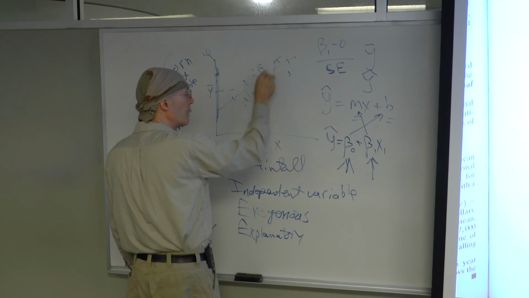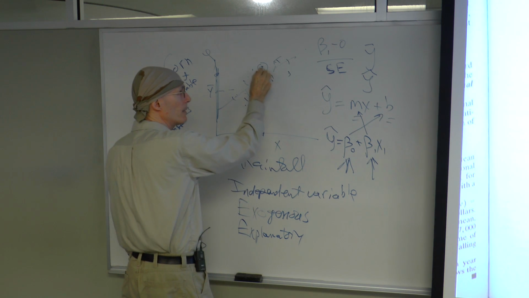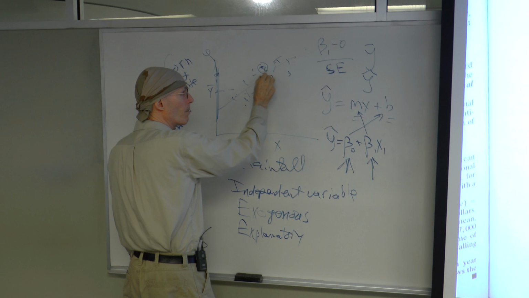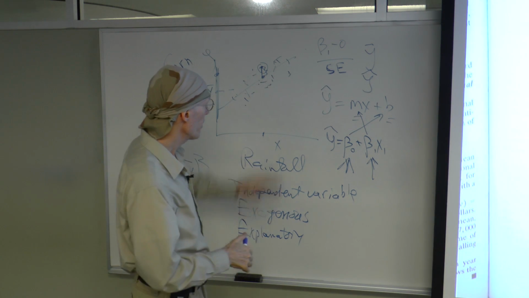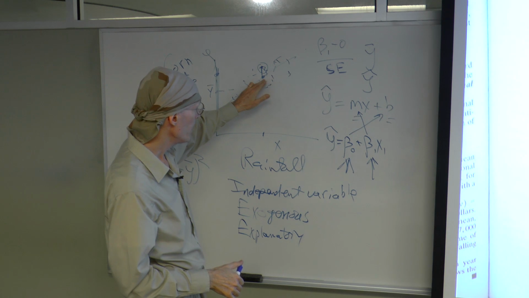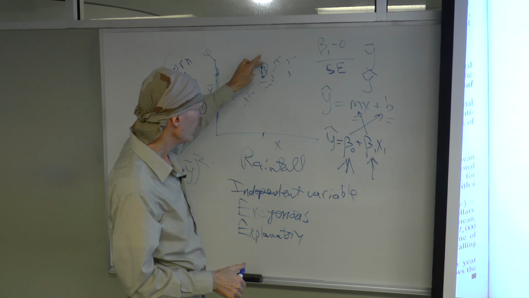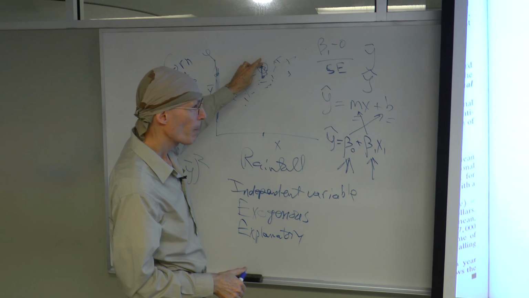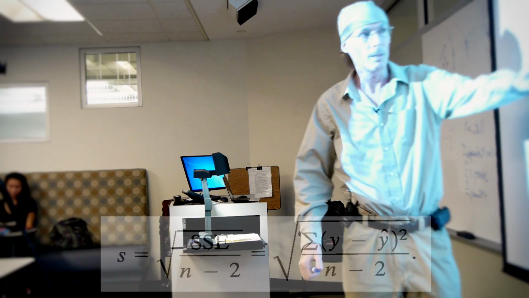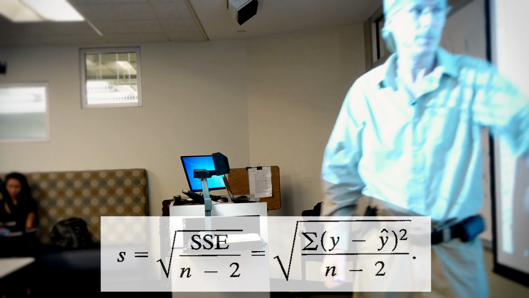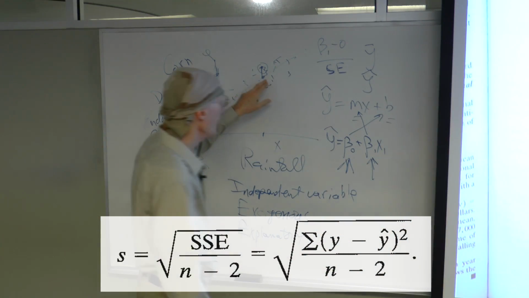Now let's look at that dot right there. It made an error. It didn't quite predict. This is the line prediction, y hat, but the actual guy was up here. So the actual is y, right here, minus the predicted, which is y hat, the point on the line.